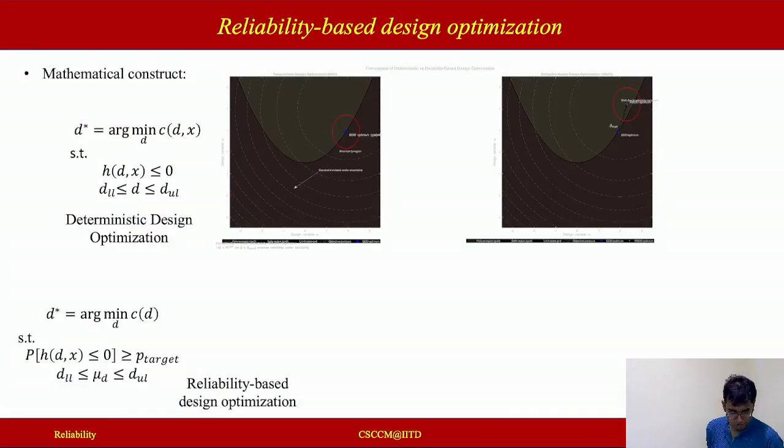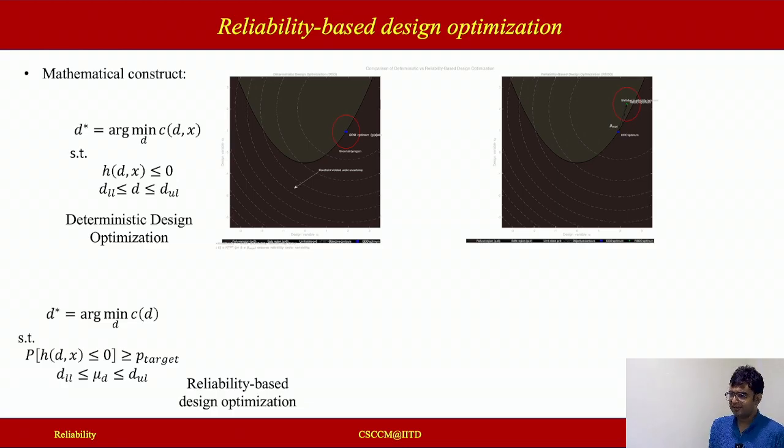But to quickly recap, this was the problem statement that we talked about yesterday, the bottom one, where you are trying to minimize a cost, let's say cost of construction and cost of manufacturing, subjected to a probabilistic constraint, to be more specific a reliability constraint.